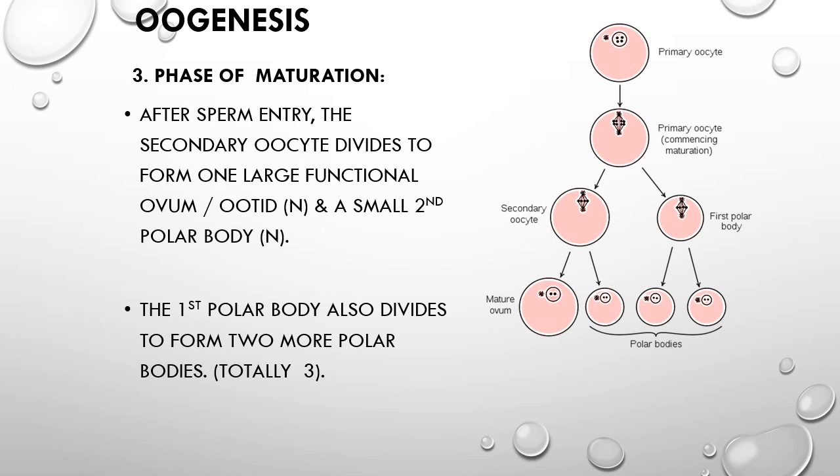And what about this first polar body? The first polar body in meiosis 2 will again divide to form polocytes. So this is the process of formation of the female gamete, that is the ovum, which is also called the egg or the ootid. So this completes the phase of maturation.